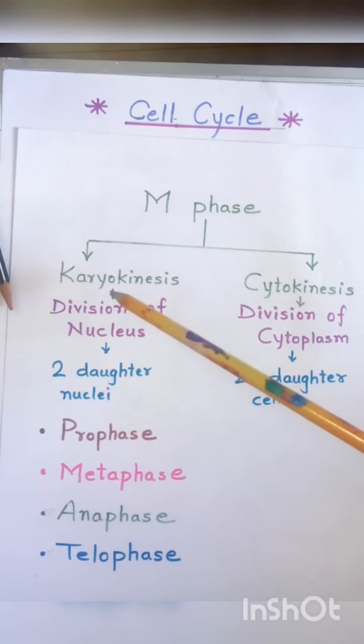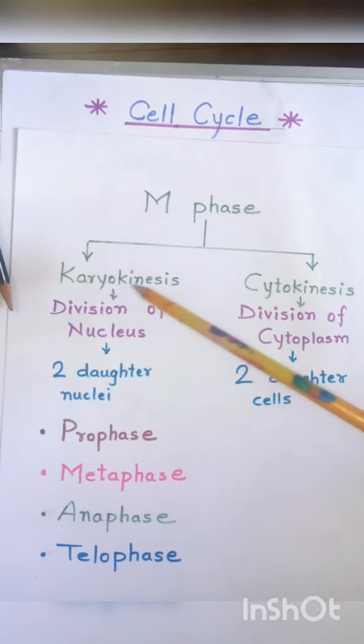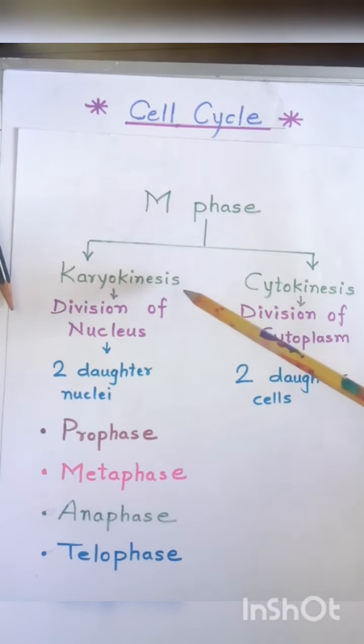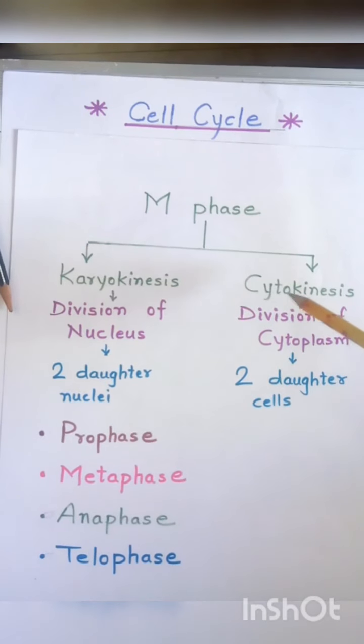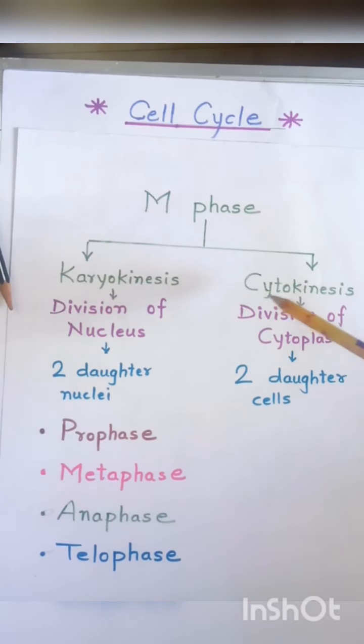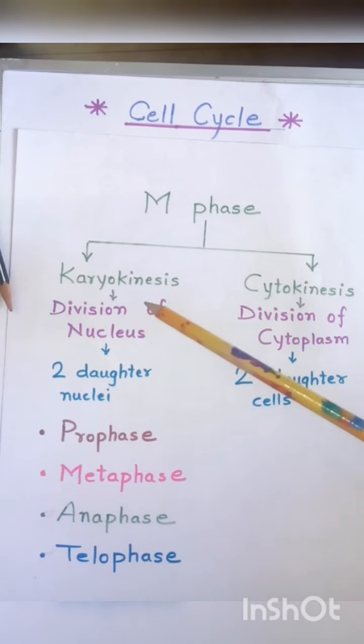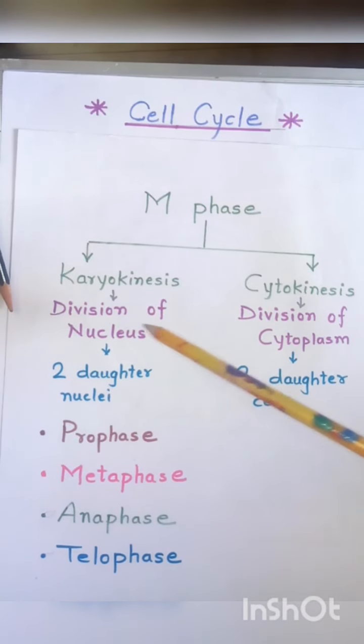The word karyon means nucleus, and kinesis means motion or movement. For cytokinesis, the word cyto means cytoplasm, and kinesis again means movement or motion. So karyokinesis means division of nucleus.